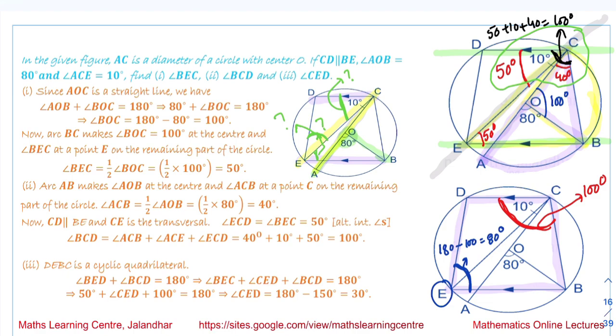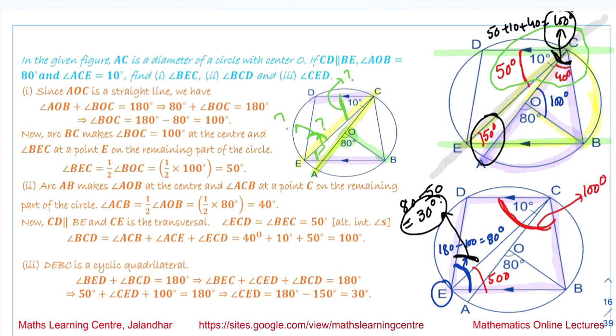The measure of this angle we have calculated is 50 degrees. So the measure of this remaining angle will be 80 minus 50, that is equal to 30 degrees. So these are the angles that we have to calculate. This measure is 30 degrees, this is 100 degrees, and this angle is 50 degrees.